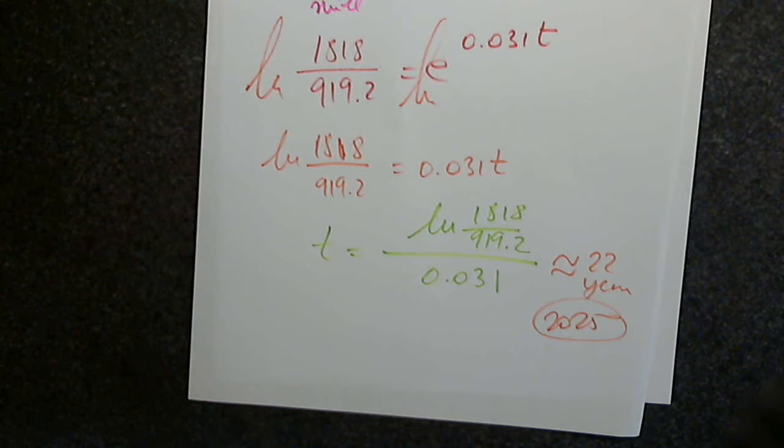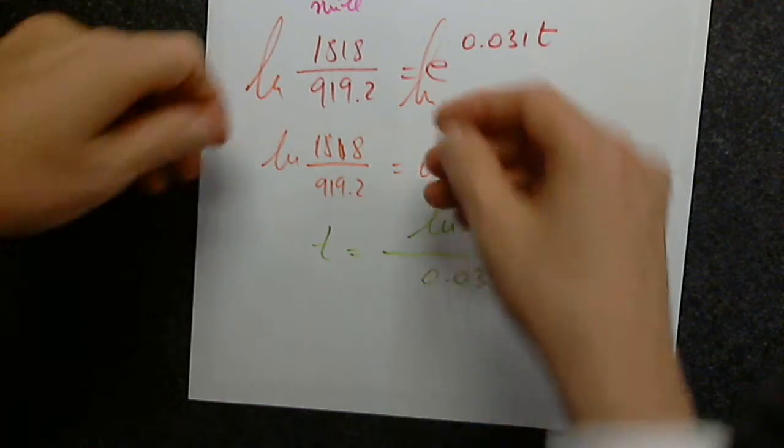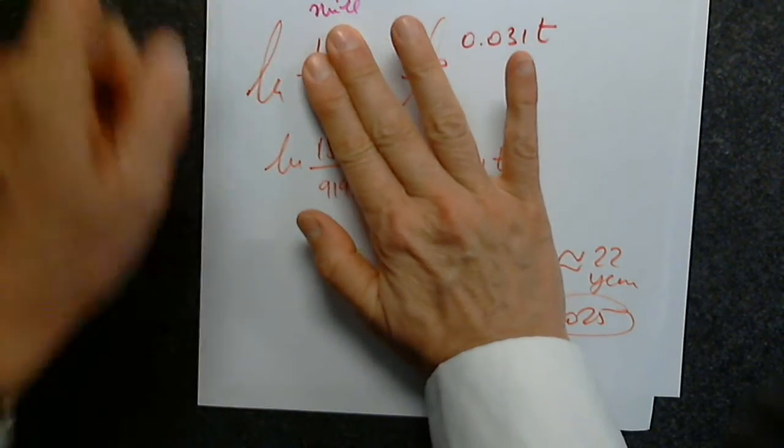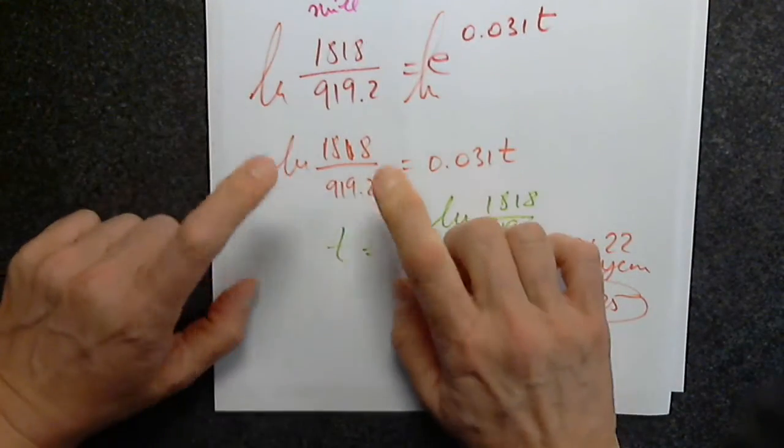So after natural log 1818 by 919.2, I'm not really dividing those numbers. As you see, I'm not dividing these. I don't want to approximate this. I want to leave it alone. I want to apply natural log to it, which is here.